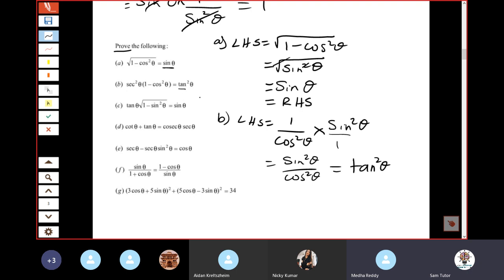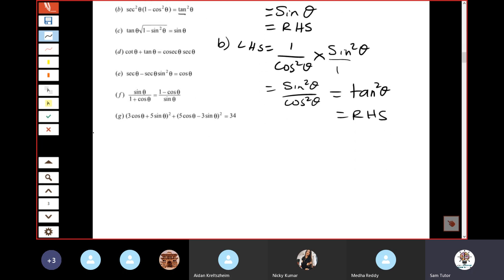Remember I told you the answers are going to be given to you, so it's nice to use them. Sine on cos is tan. Sine squared on cos squared becomes tan squared theta. That's it. Any questions for that one? Making sense. That's good.